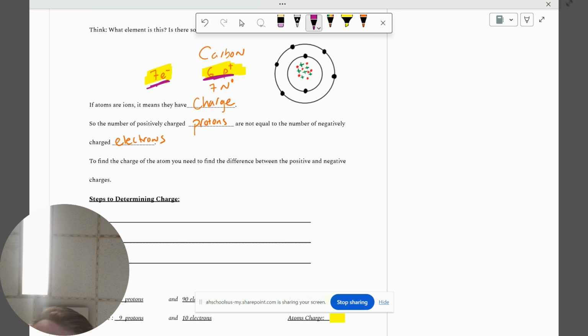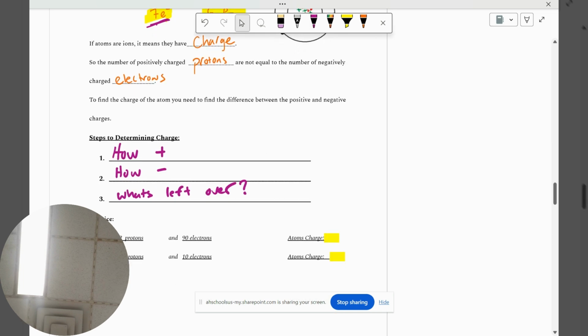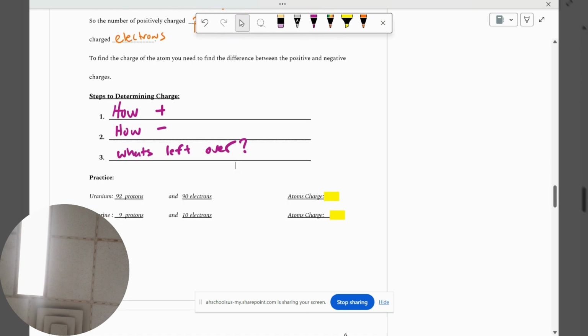So the steps: determine how many positives, how many negatives, and then what's left over is your charge.